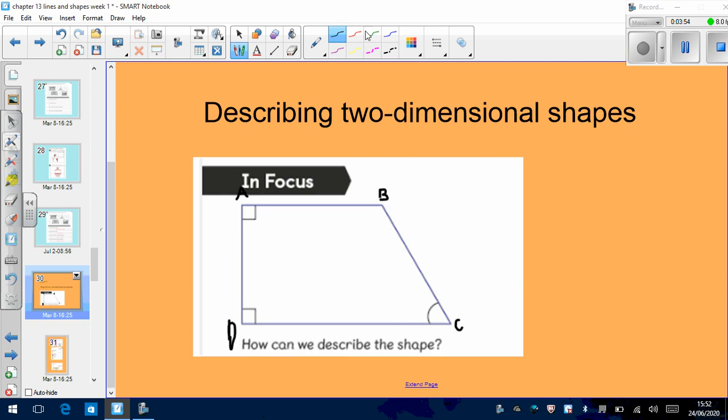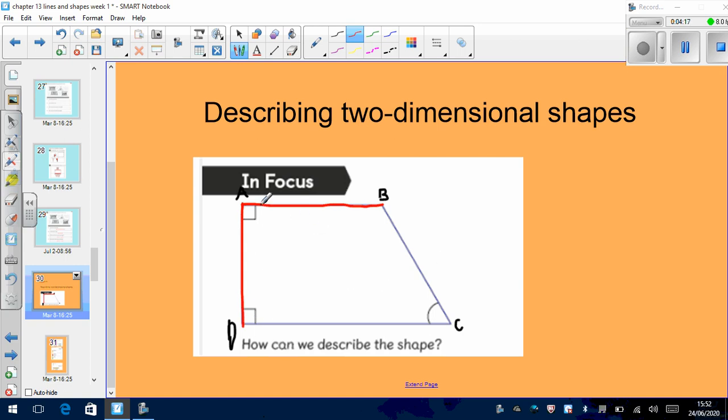Excellent. Well remembered, Fraser. The line AB, which is this one here, is perpendicular to the line AD. Good. Okay.